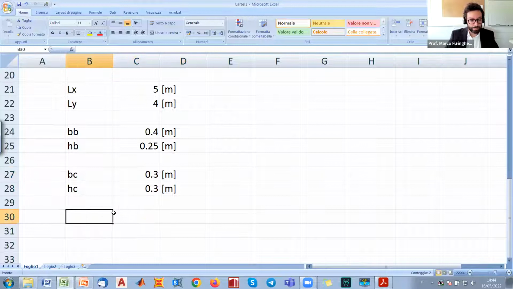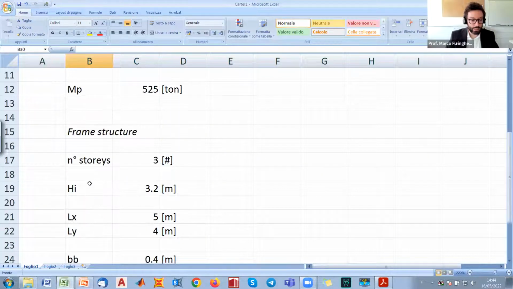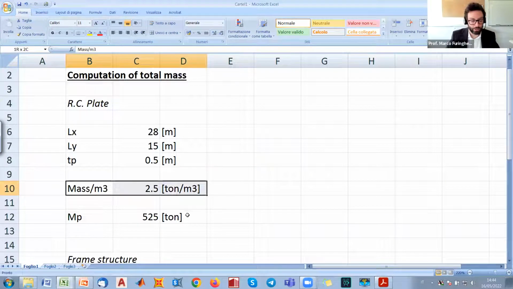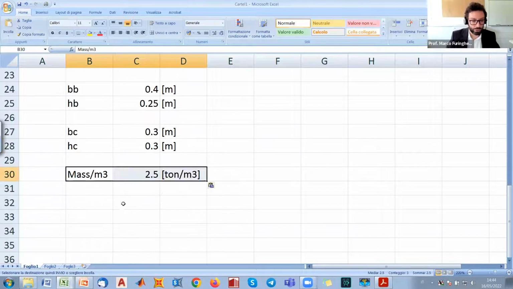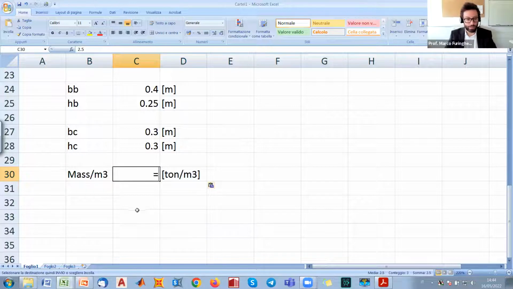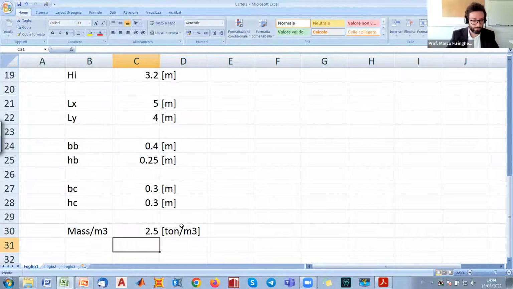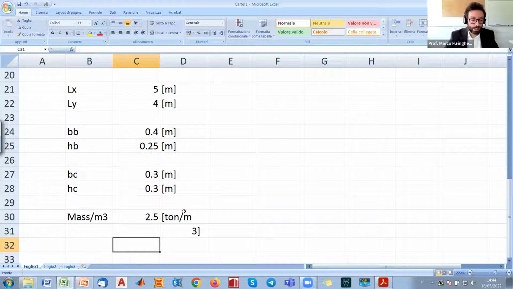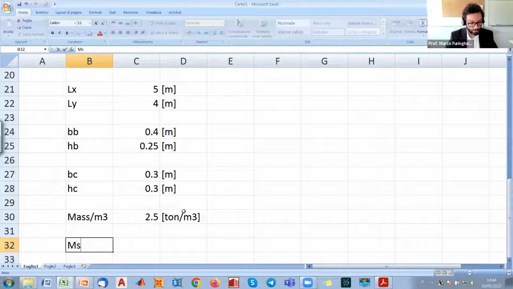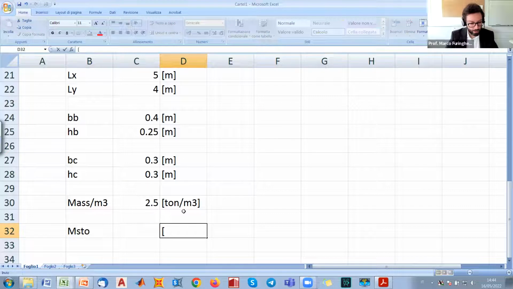Again, this is a reinforced concrete frame, so we need again the mass per unit volume. We recall the number and set it equal to this, simply because it is reinforced concrete, so we account for the same numerical definition of mass per unit volume. Then let's consider the mass of a single story, in tons.